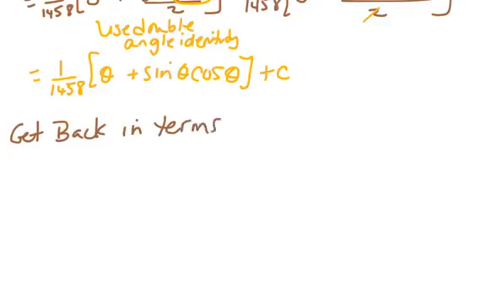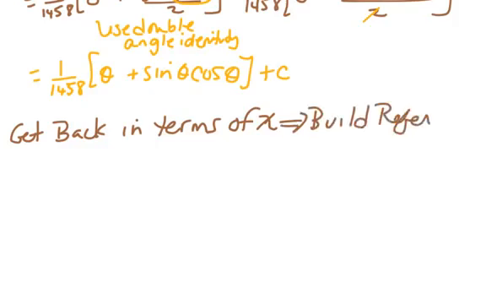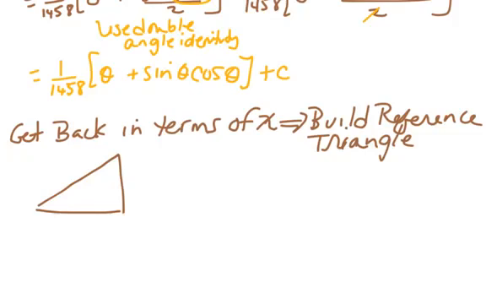All right, and how do we do that? Well, we build a reference triangle, and I'll show you what that means. And we did it in the first example, but this is going to be a formal step with all your problems involving trig substitution. You draw the reference triangle.